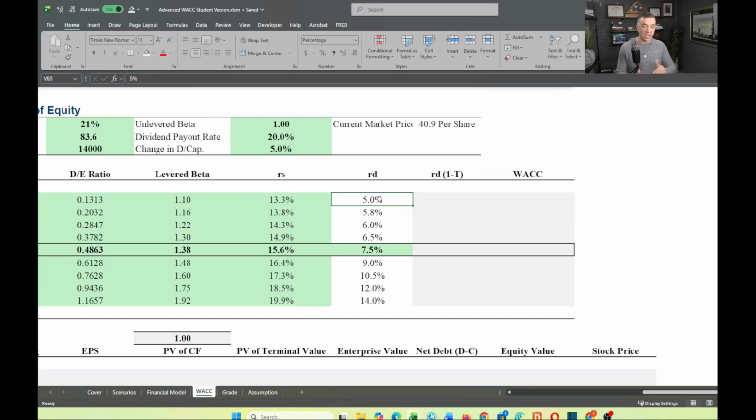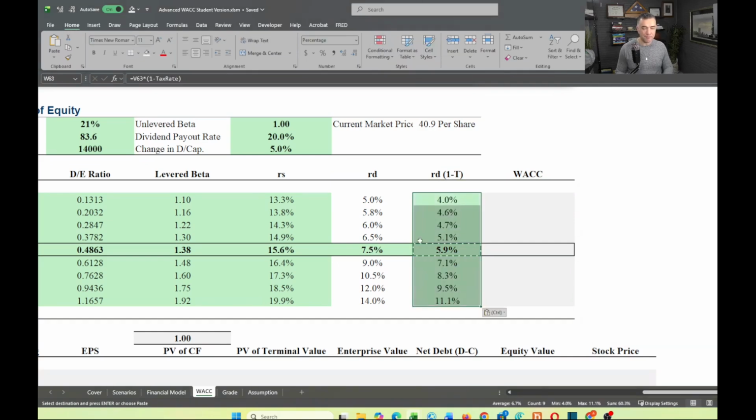With less debt, you're less risky, and you should have a lower interest rate. Next, we want to calculate the after-tax cost of debt. So I'm going to multiply that times 1 minus the tax rate. Oh, I didn't do the minus. All right, I'm going to hit Control C, highlight all those and hit Alt ESF.